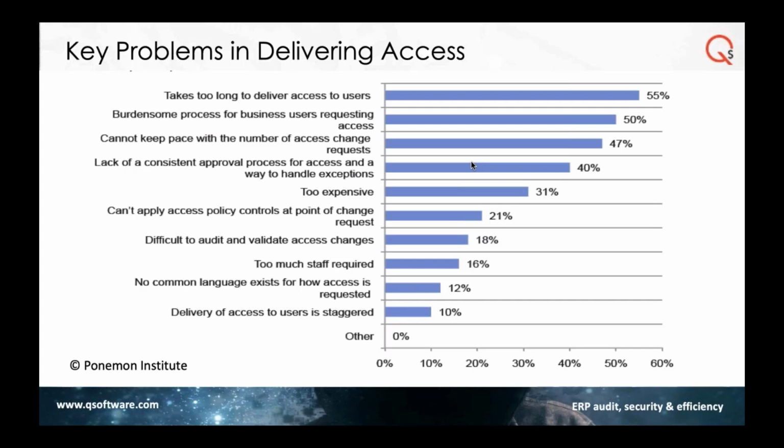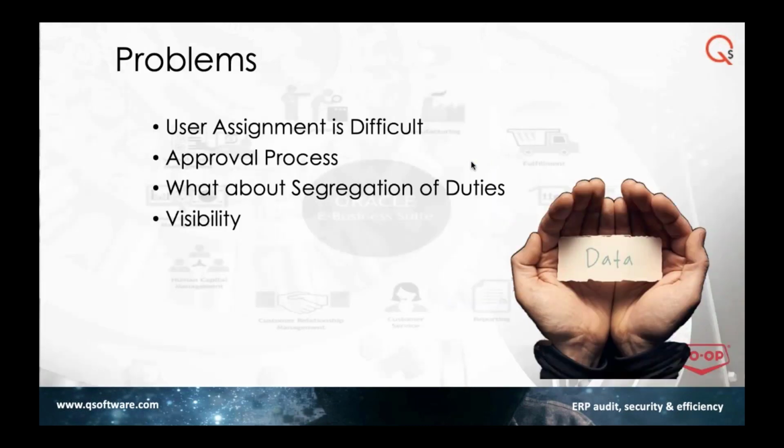You create a process which the business is involved with, which enables them to actually get the access they need to do the job. So user assignment is a difficult job. But the other side of the coin is who is going to approve that access. The access that you want to end up with is the right access, not just any access giving them the whole system.